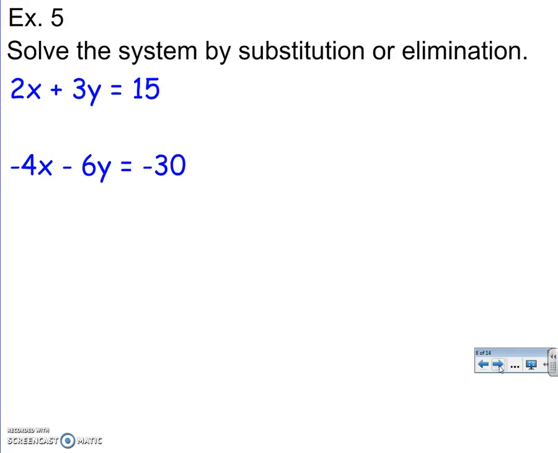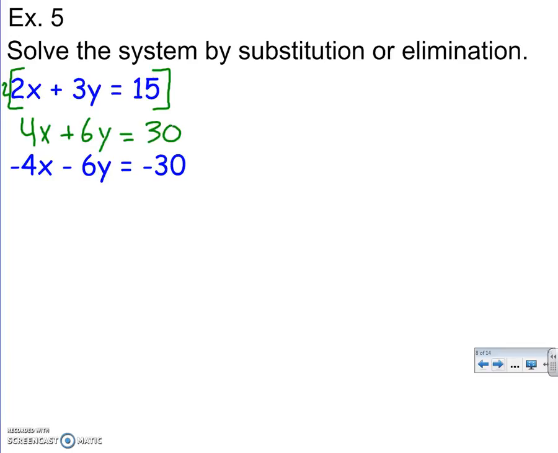Alright, then this last one, solve using substitution or elimination. I see the x's already have one positive, one negative. I can make them match. I'll multiply this first one by positive 2. So that'll give me 4x plus 6y equals 30.